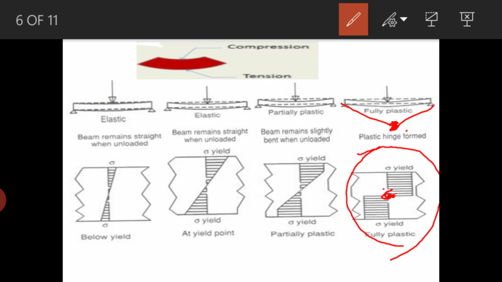Likewise, this plastic hinge will resist the moment, and that plastic hinge is also called a rusty hinge or a friction hinge.